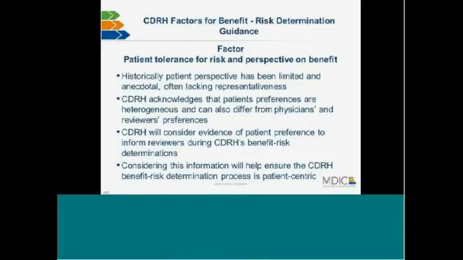The weights will depend on the context. Context means, is it an unmet medical need? Can we defer some information to post-market? How much uncertainty we have on the benefits, how much uncertainty we have on the risks, and also what is the patient tolerance for risk and perspective for benefit.